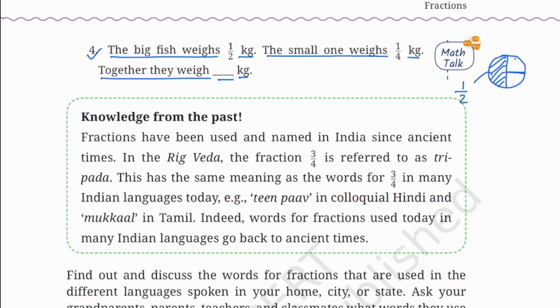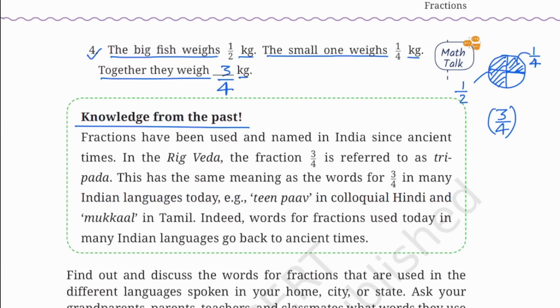Similarly, this one by the small fish. So, if 1 kilogram is divided into 4 parts, both fish will weigh 3 upon 4 kilogram. You can see 3 shaded regions out of 4. The answer is 3 upon 4.